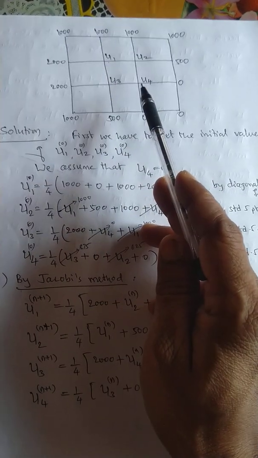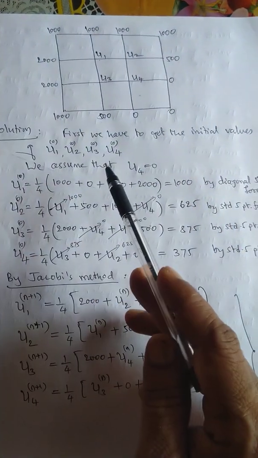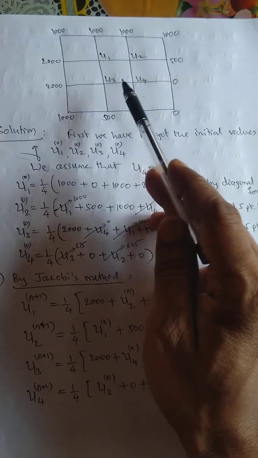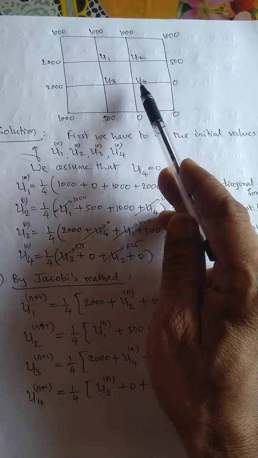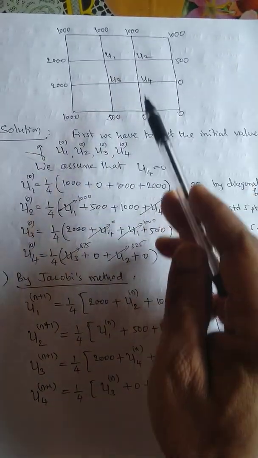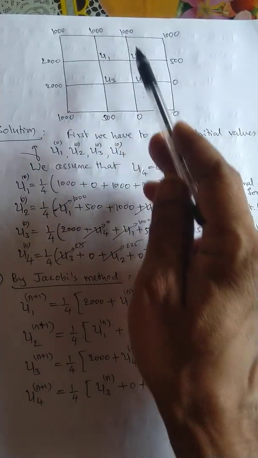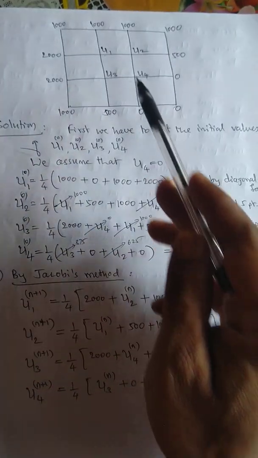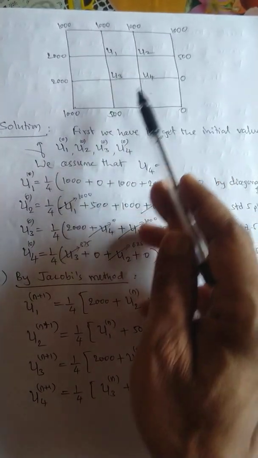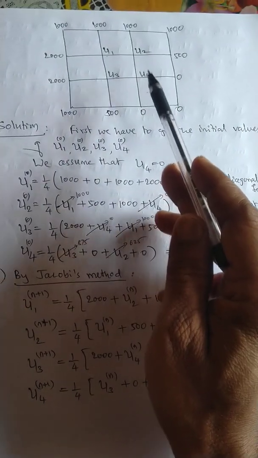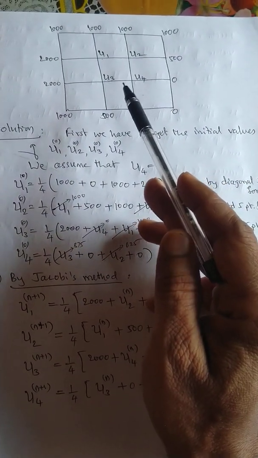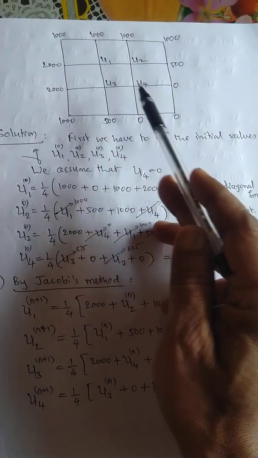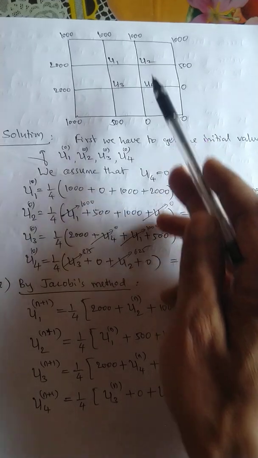Next, U4 naught. U4 naught can be calculated by the standard 5-point formula. Its neighboring points are U3, 0, U2 and 0. We can even calculate it by the diagonal 5-point formula also, because we know U1 and all the diagonal points of U4. So U4 is equal to 1 by 4 of this plus this plus this plus this.